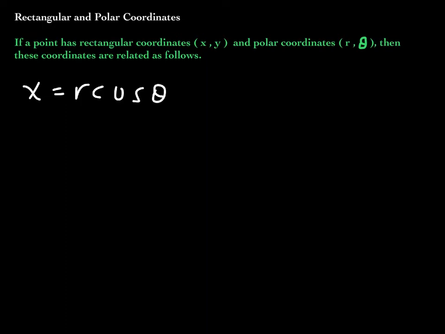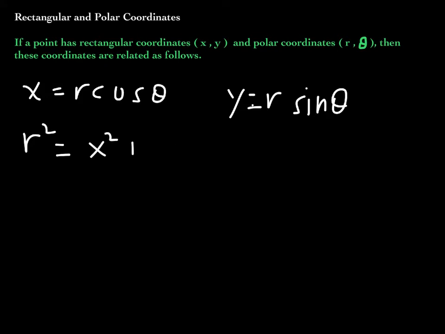And we also know that y is equal to the product of r and sine of theta. We know that r squared is equal to x squared plus y squared. In a previous lesson, we said r is equal to the square root of x squared plus y squared. And then theta must satisfy that tangent of theta is y over x, of course, x here not being equal to 0, or else that would be undefined.